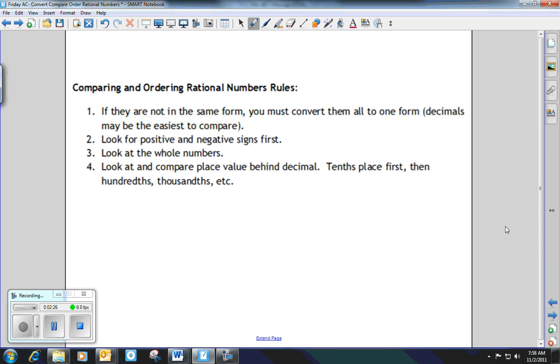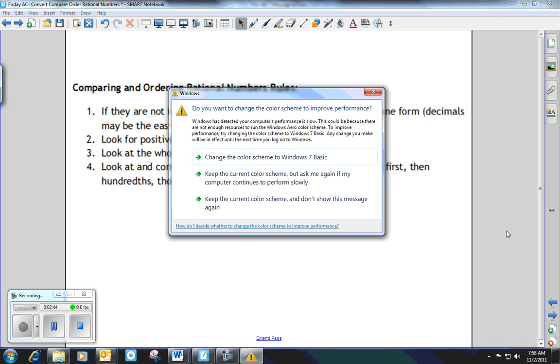So the first thing you're going to do when you're comparing and ordering is put them in the same form, let's say decimals. Then you're going to look for positive and negative signs because negatives are always smaller than positives, so we'll know where to put those in order. After we've looked for positive and negative, then we're going to look at the whole numbers part.